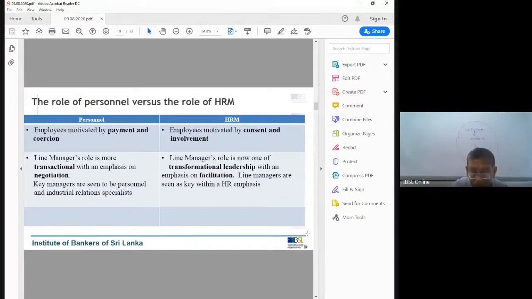If you put these points down, you will understand the difference between the role of personal management and the role of HR.